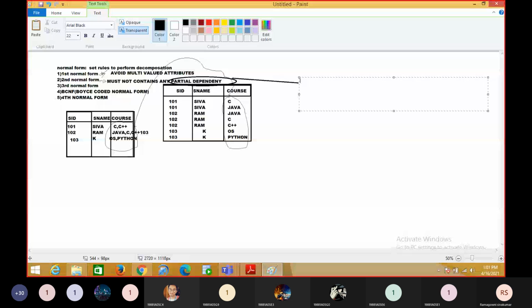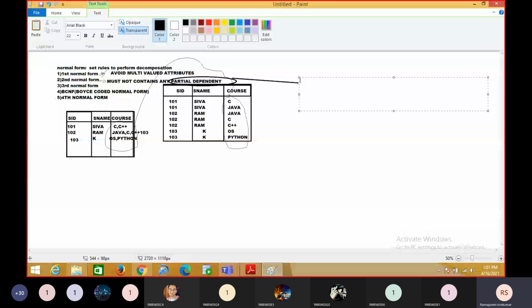In this way, all these attributes depend upon the SID. This one, and this one are also dependent.